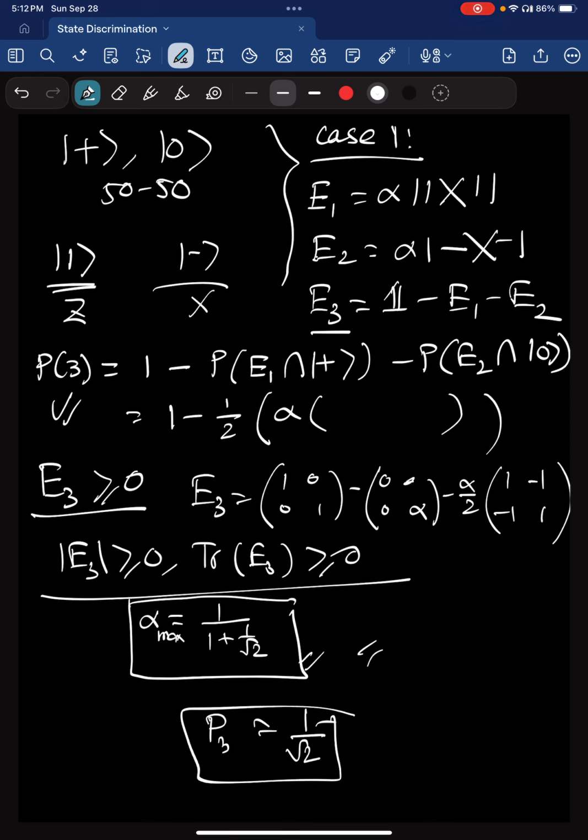And we already know that 1 by root 2 is almost like 70%, so this is like 70.7%. So this is the probability that you cannot have a conclusive outcome. And if you just subtract it from 100%, then you have the probability of 29 point something that we have either plus or zero.